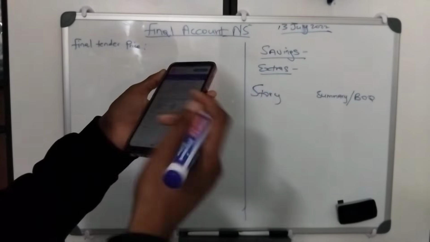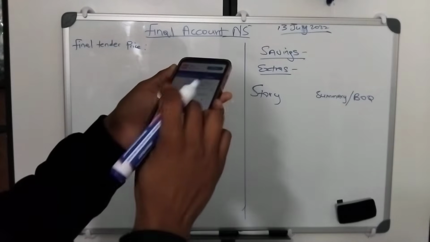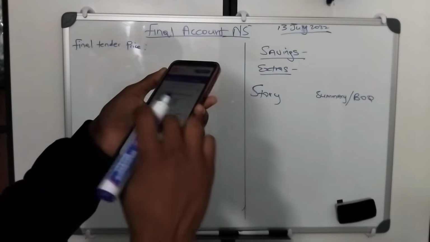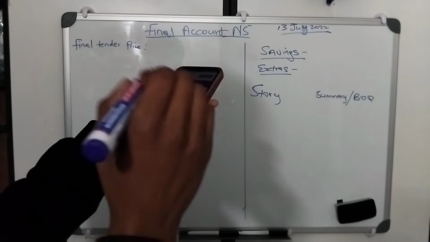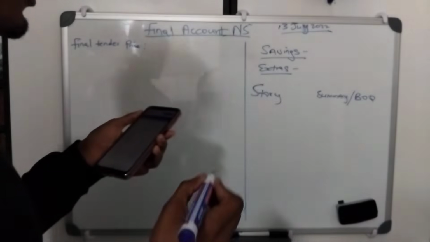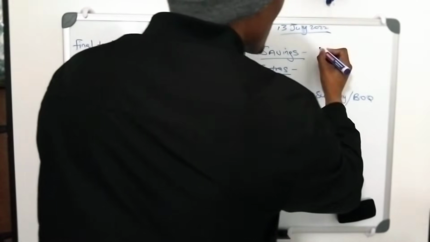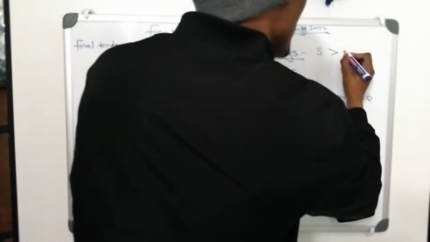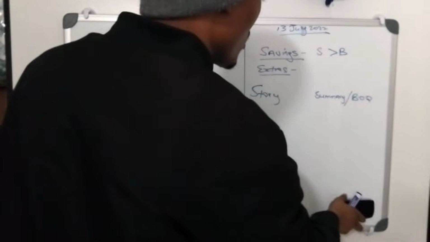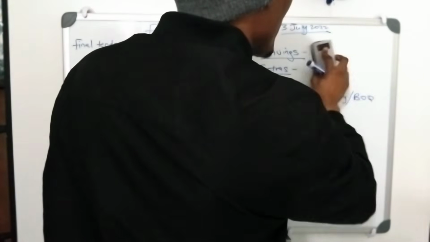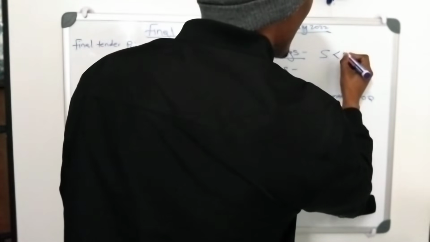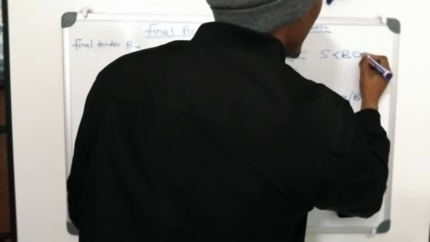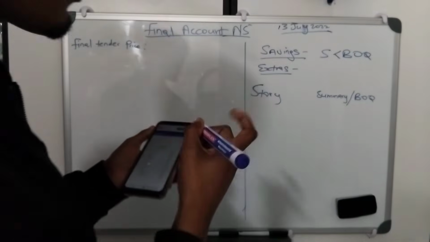Let me make an example. Look at preliminaries. On the story it is 120,450. Then you go to the BOQ, where it's 130,230. Whenever on the story it's small and on the BOQ it's big, it's a saving.